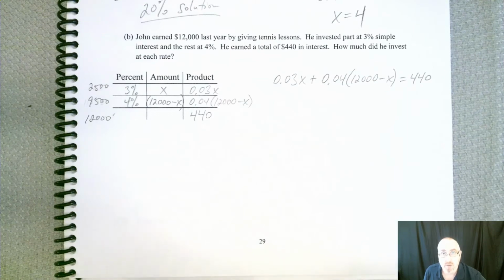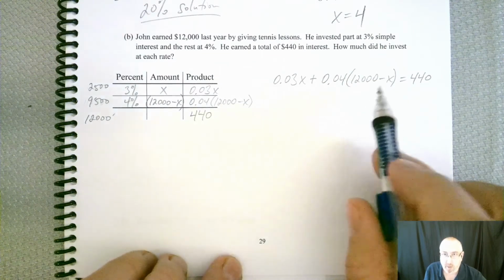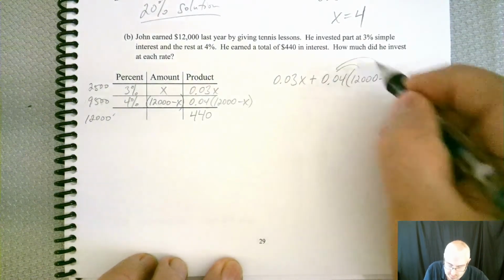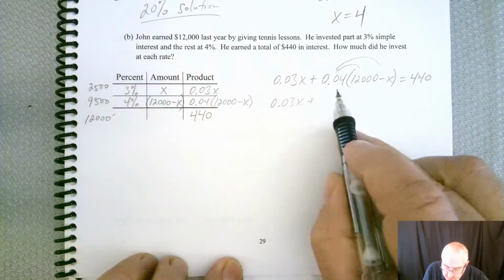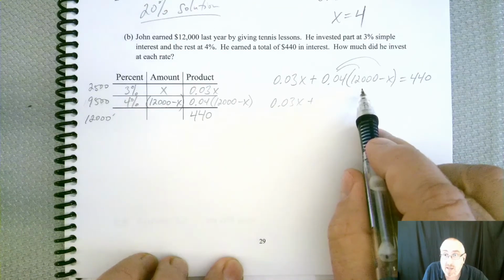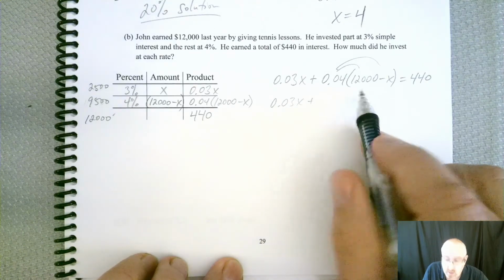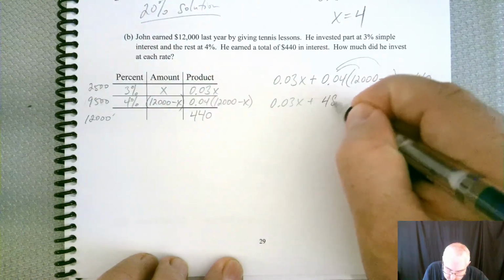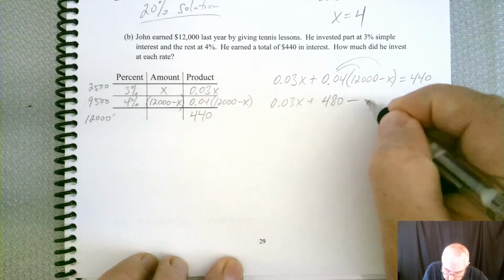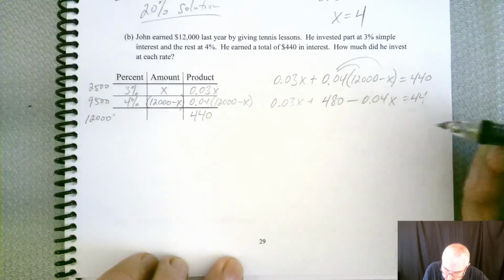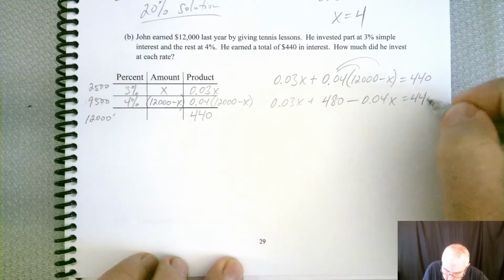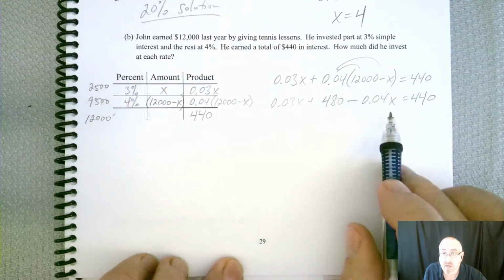So what do we do first? Well, we got parentheses, so let's get rid of that. So 0.04 times 12,000, well, I'm pretty sure that's 480. So we got rid of the parentheses.